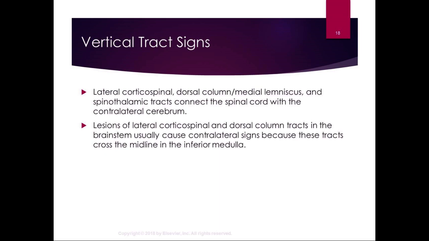So if you have a lesion in the midbrain, the information coming from the contralateral side of the body has already crossed over at that point, because it crosses over at the very bottom in the inferior medulla. So that's one of the ways they localize a lesion.